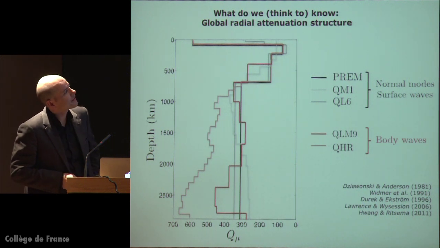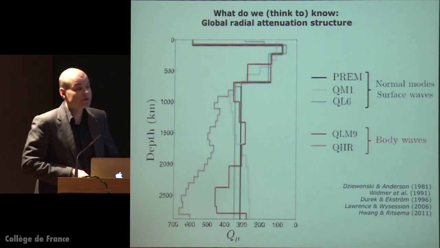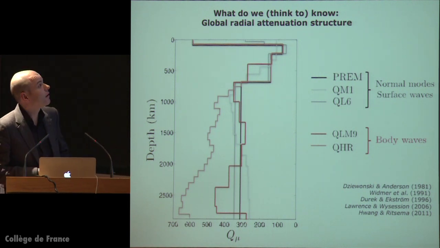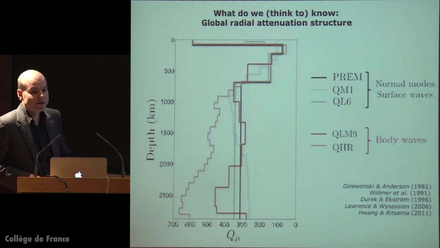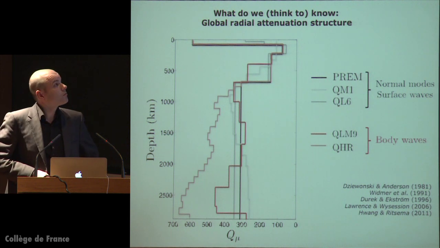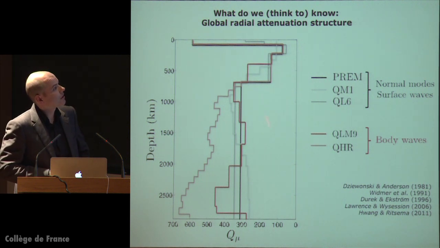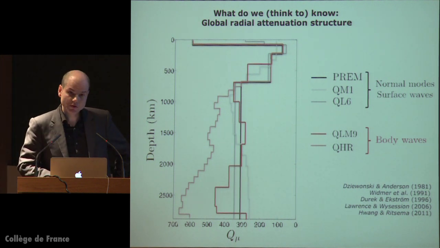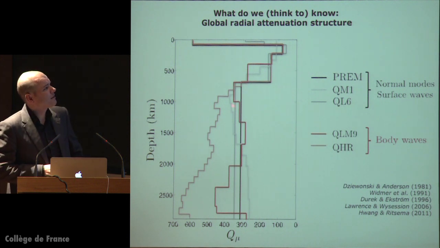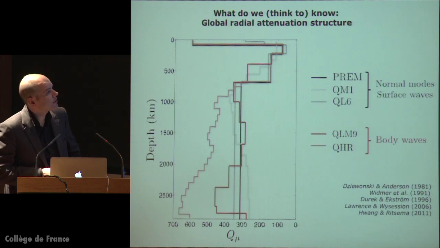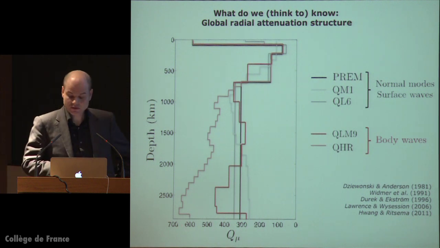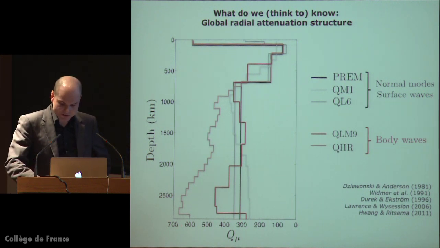You can see that there is quite a scatter in the deep mantle attenuation in 1D; the different models vary quite a lot. Basically, what we can see is that the lower mantle is less attenuating than the upper mantle. That's one good observation. But then in the lower mantle, we don't know if the attenuation is increasing, or if it's decreasing, as some models suggest. So this is the 1D view.